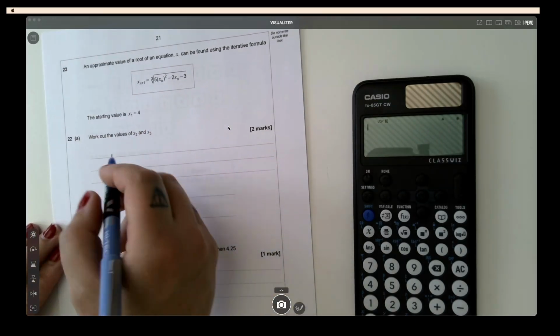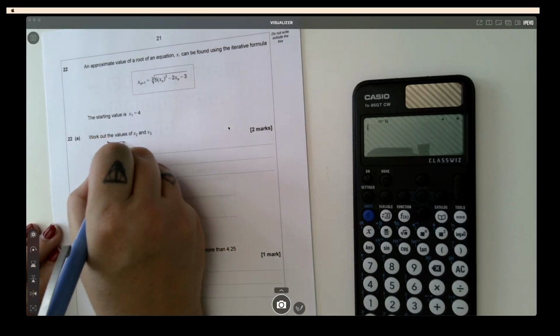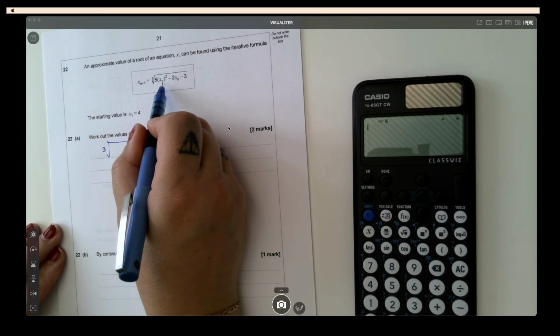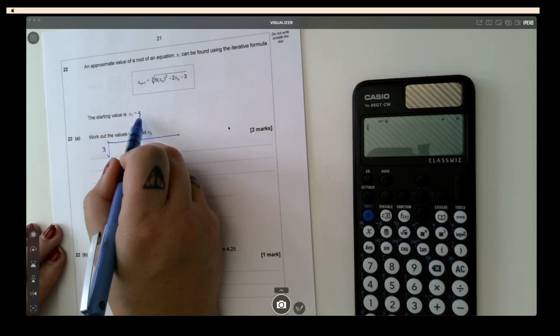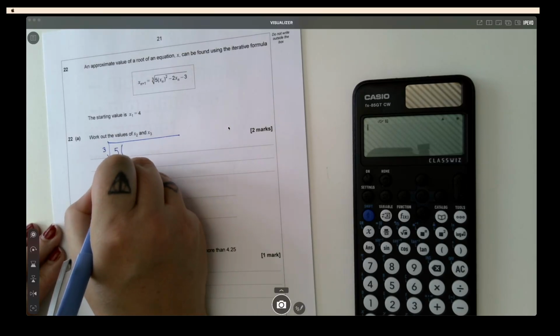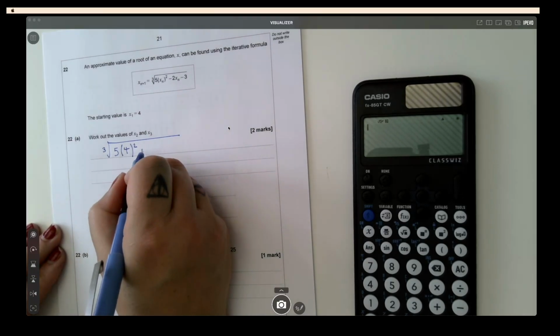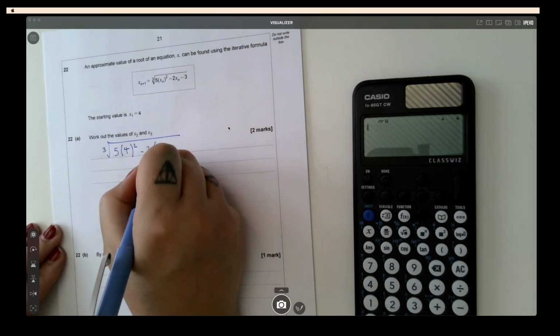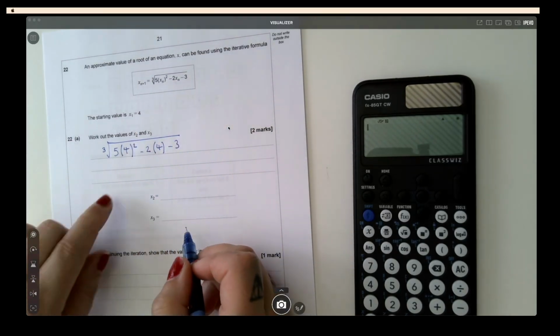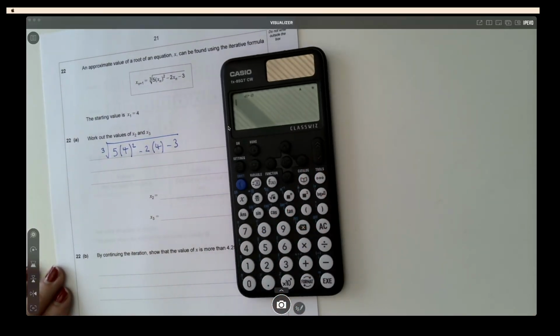So we're going to use this iterative formula, but instead of xn, we're going to put the value for x1, because we're going to use x1 to find x2. So we have 5 times 4 squared, subtract 2 times 4, subtract 3. What you see here is what I'm going to enter into my calculator.